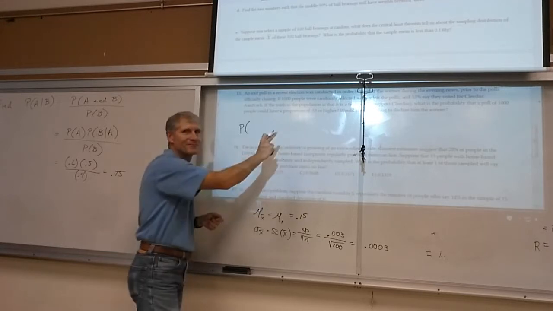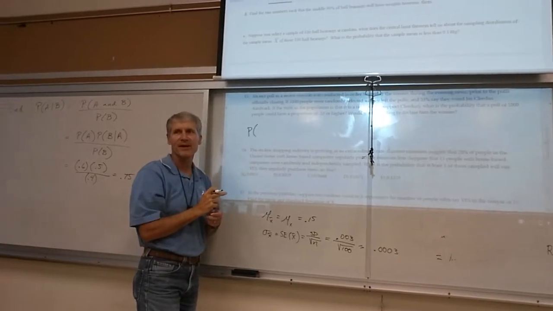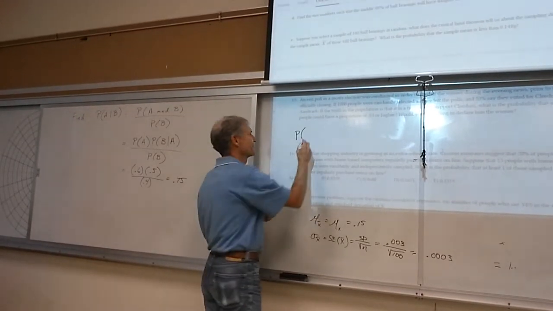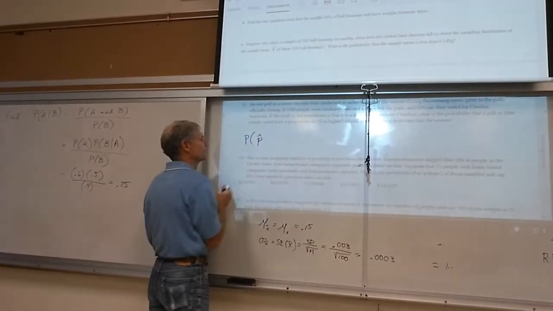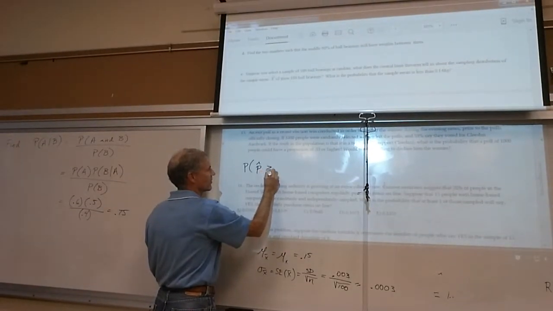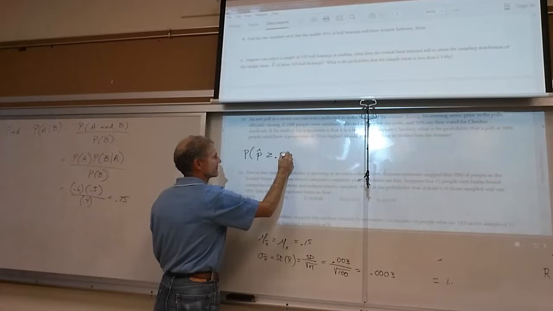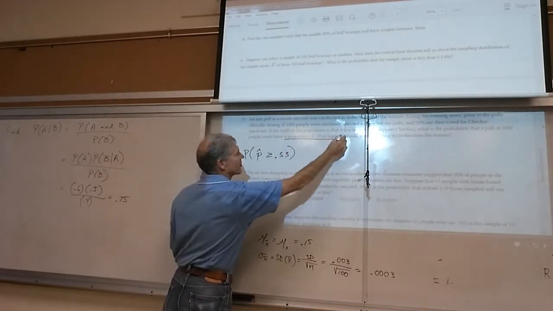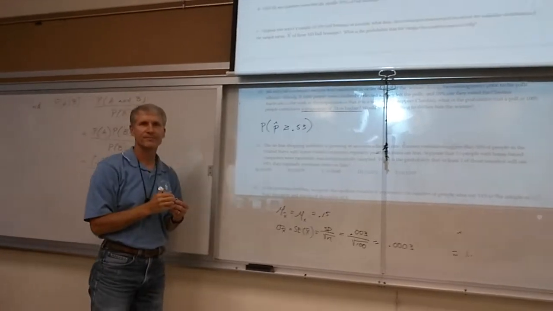Not X bar. It's P for proportion, P with a hat. So P hat is greater than or equal to 0.53. That's what it says. Sample proportion of 0.53 or higher.